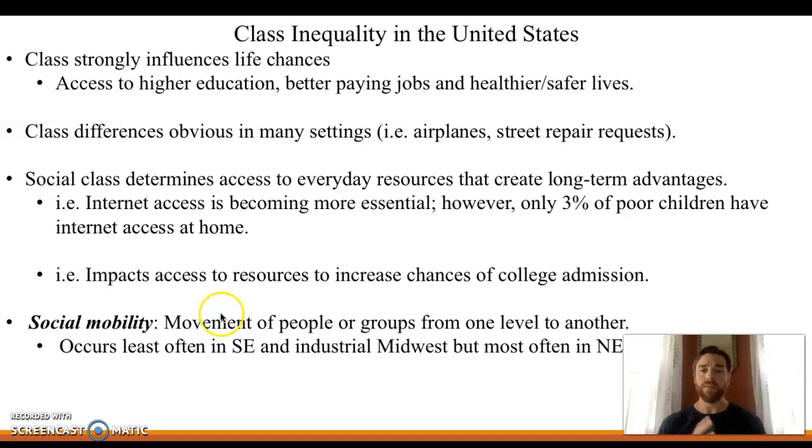And what's interesting is, when we talk about social mobility in the U.S., it's kind of embedded in the American dream: this idea that if anybody works hard, they can move up the social ladder. In reality, in the U.S., we have some of the least upward mobility in terms of social class anywhere in the industrialized world. And it varies from area to area.